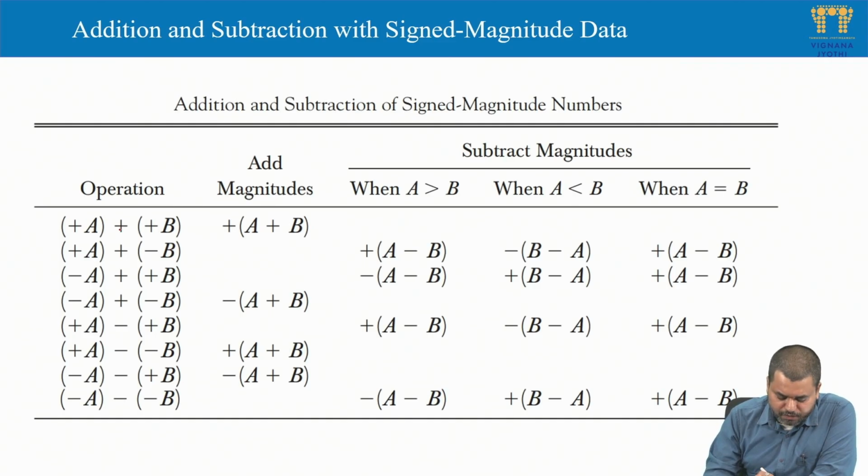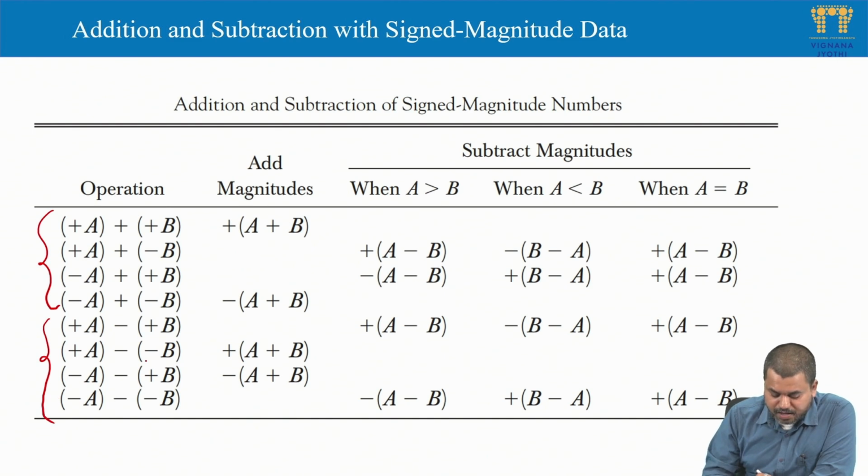For addition, we may get the first number positive and the second positive, first positive and second negative, first negative and second positive, and first negative and second negative. So these are the 4 combinations for addition. Similarly for subtraction, we are going to get the 4 combinations.